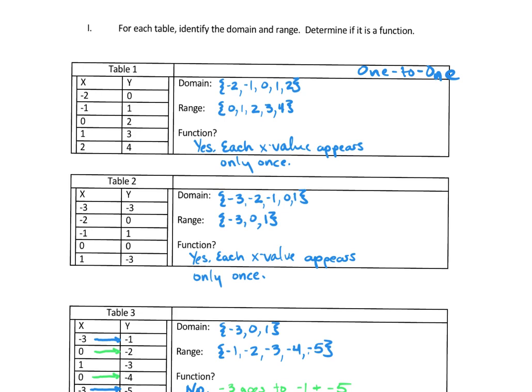It's a special type of function where x values appear only once, that's our function, and y values appear only once. So if you have this, it's a special function called one-to-one. All right, that takes care of our tables. Let's go to our next examples.